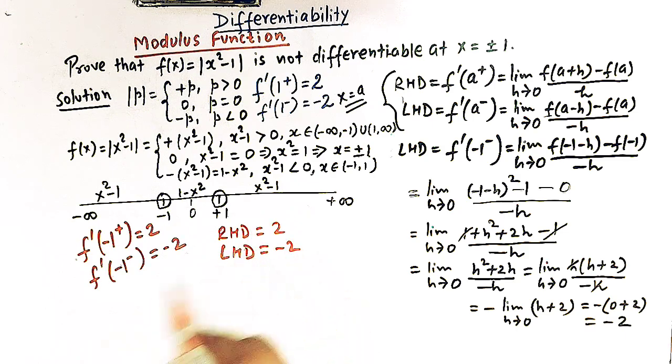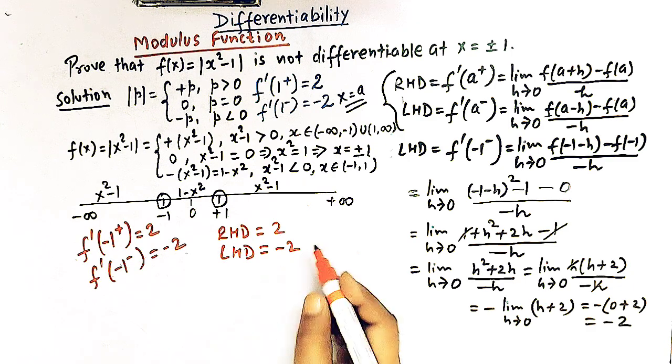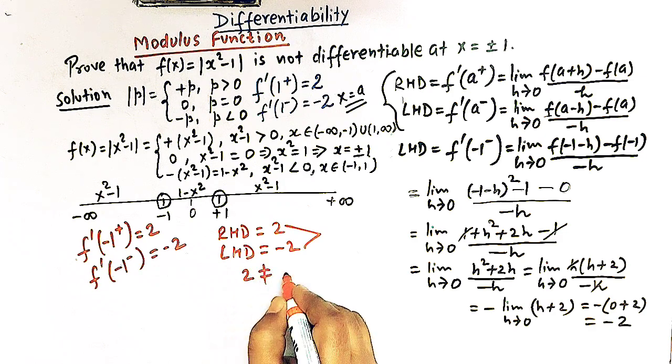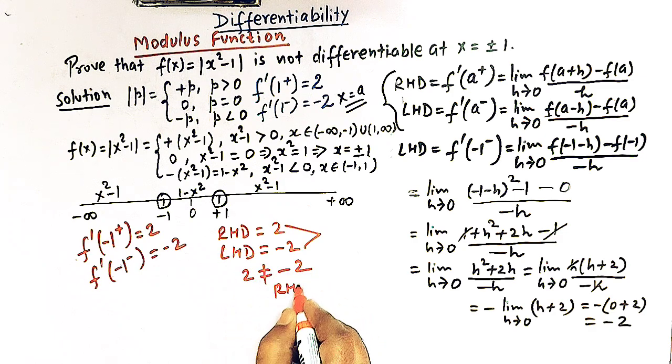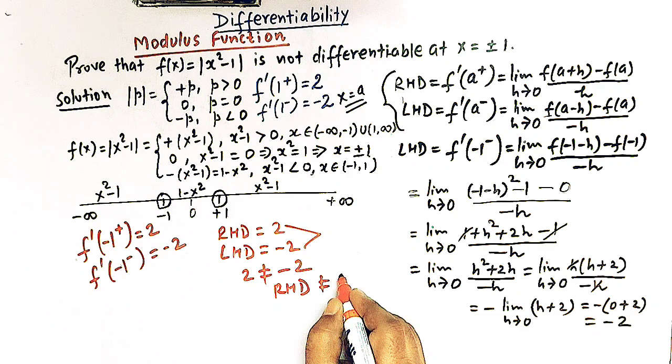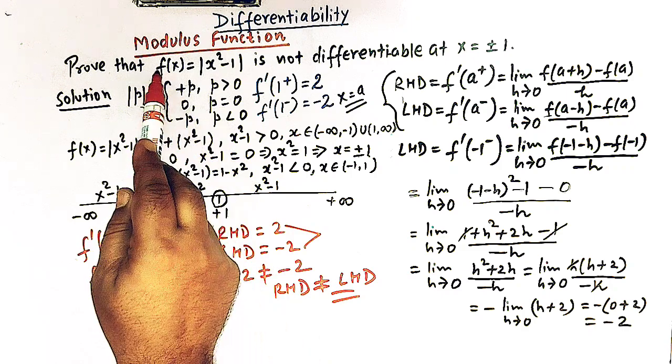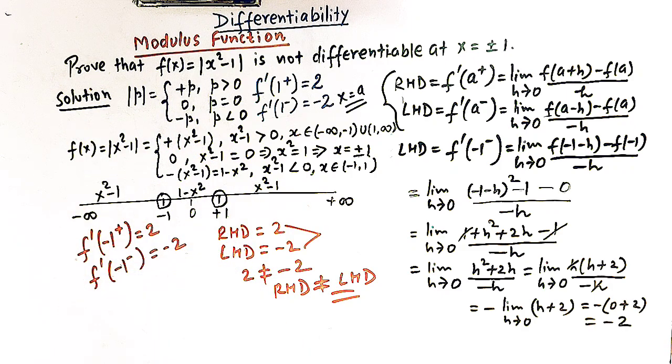And here we can see that the right hand derivative and the left hand derivative both exist and they are finite, right? But they are not equal to each other. That is 2 is not equal to minus 2, that is the right hand derivative is not equal to the left hand derivative. Therefore we can claim that this function f of x is not differentiable at x is equal to minus 1, right?